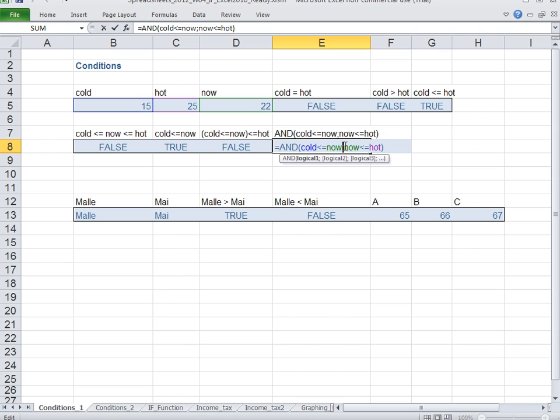This separates the two things. And now the second part is now is smaller than or equals to hot. We break the more complex comparison into smaller parts. We write these parts inside an AND, and an AND will work just correctly.